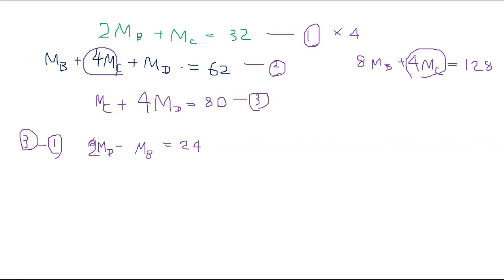And now I have a 4MC term. I can reduce the second equation. I'll call this the fourth equation. From the fourth, I will reduce the second. So 8MB minus MB, that's going to be 7MB, minus MD, because 4MC is getting cancelled, is going to be how much? 66.